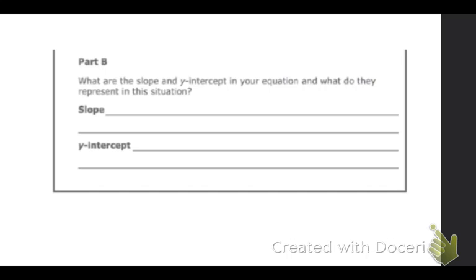All right, part B, what are the slope and the y-intercept, and what do they represent? Well, slope in our situation is just the number piece, so we just put negative 2.6. We don't write D with that. Slope is just the coefficient.